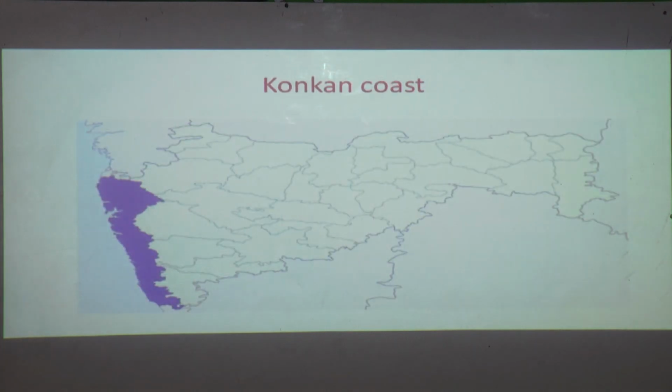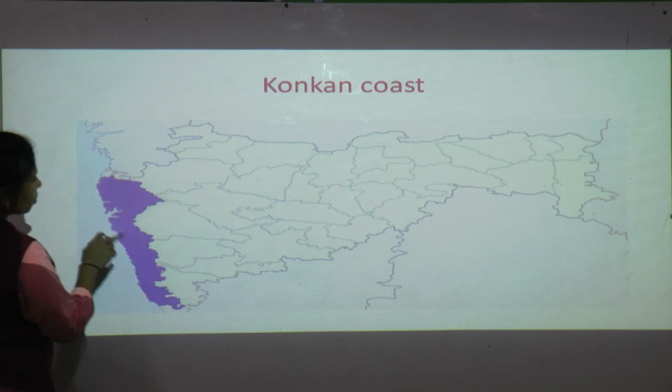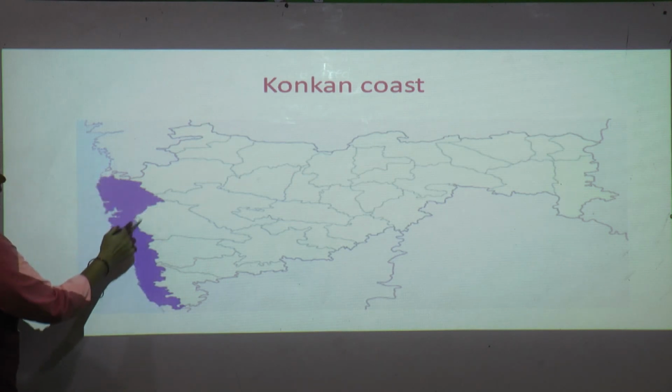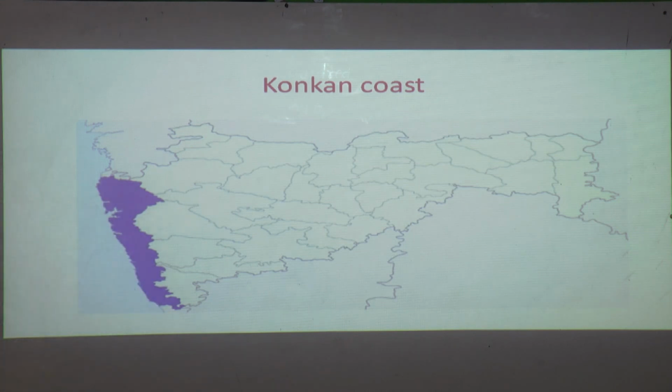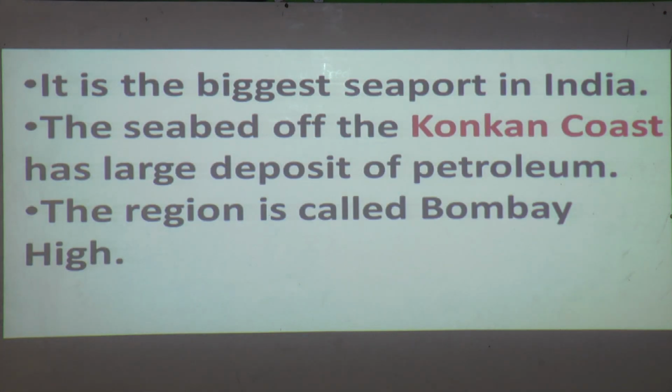Now this is the west side where we have Maharashtra, and here the Konkan coast lies. It has the biggest seaport in India. The seabed of the Konkan coast has a large deposit of petroleum. Where do we get petrol to run our vehicles?